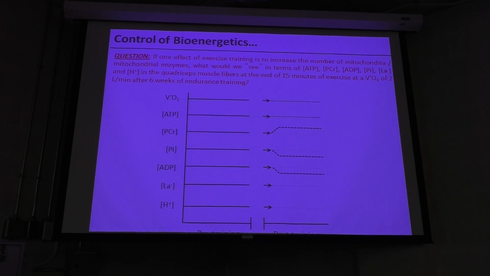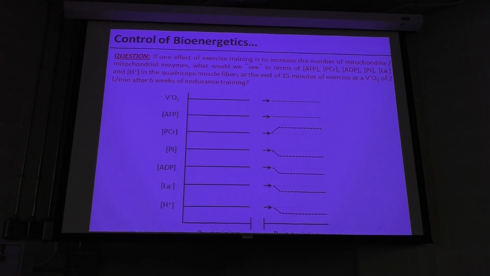Would they be higher, lower, or no different? Lower. And for every lactic acid that's produced, it dissociates into a hydrogen ion and a lactate ion. So presumably if there's less circulating lactate or intramuscular lactate, there should be less hydrogen ion.